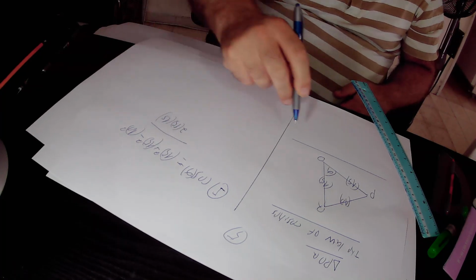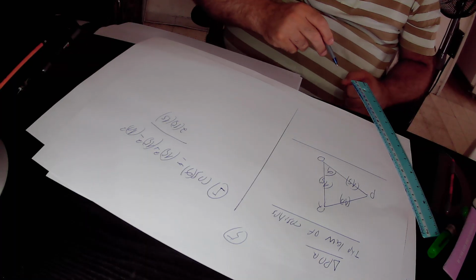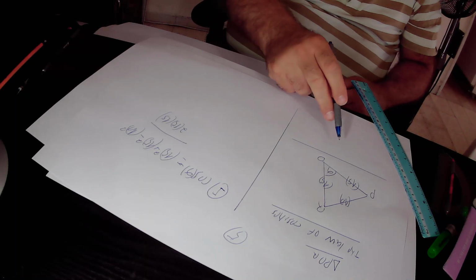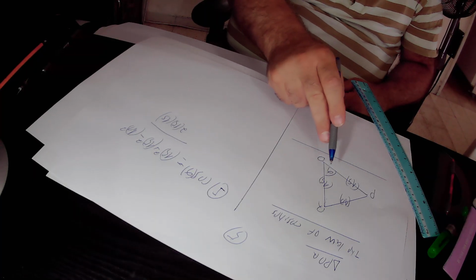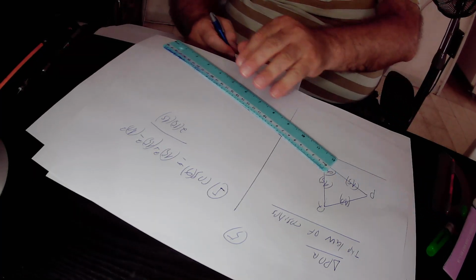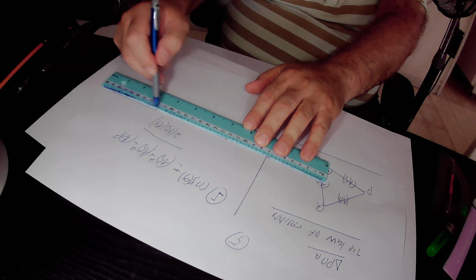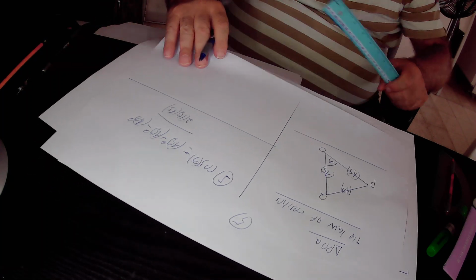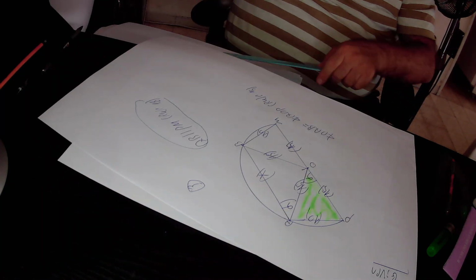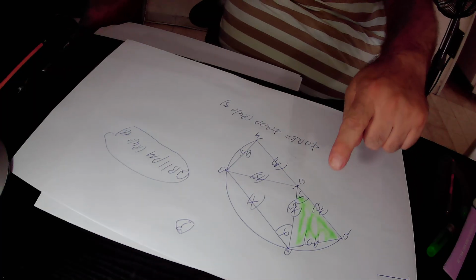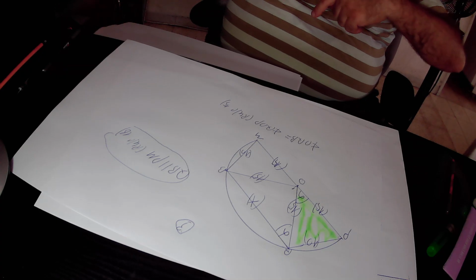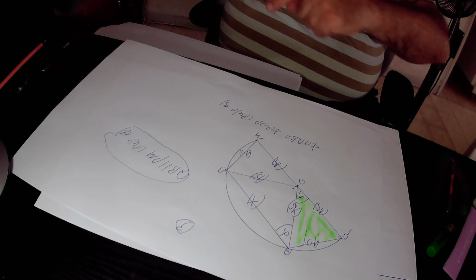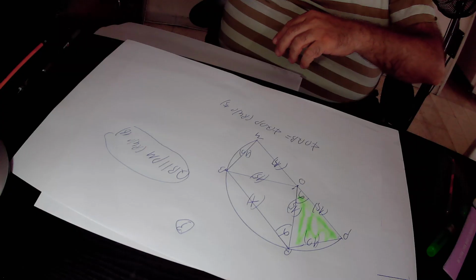In triangle POQ, according to the law of cosines, cosine alpha equals 15 squared plus 15 squared minus 10 squared over 2 times 15 times 15. In the next step, I'll copy this white triangle QOB in a new page, and we'll implement the law of cosines in this white triangle QOB.